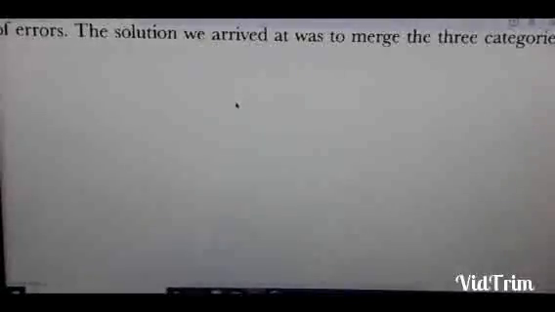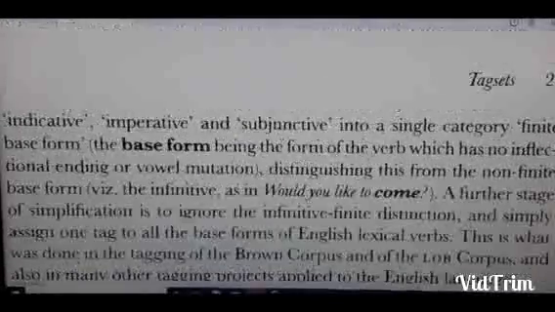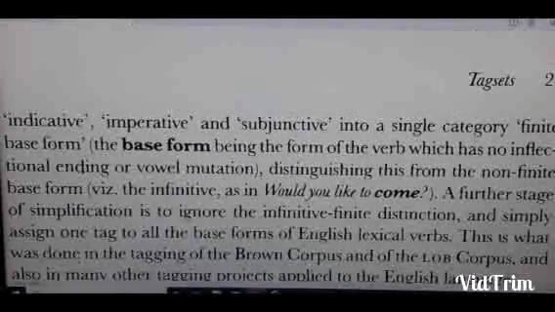The solution we arrived at was to merge the three categories, indicative, imperative, and subjunctive, into a single category, finite base form. The base form being the form of the verb which has no inflectional ending or vowel mutation, distinguishing this from the non-finite base form with the infinitive, as in "would you like to come?"